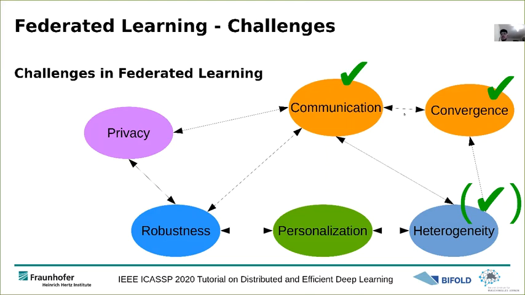And we also talked about the convergence properties of different communication-efficient federated learning algorithms, under different assumptions on the heterogeneity of the data of the different clients. What I'm going to talk about next is the issue of privacy.